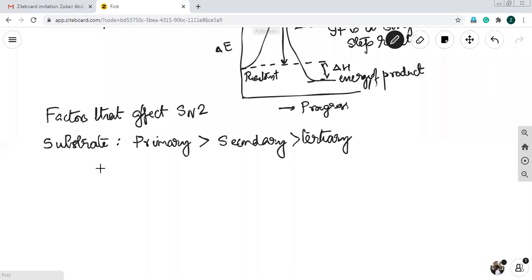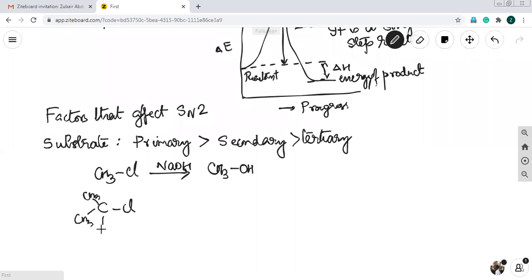That is, we have seen CH3Cl when reacted with sodium hydroxide, NaOH, you will get CH3OH. But if you are taking an alkyl halide which is tertiary butyl chloride, (CH3)3CCl, reacting with sodium hydroxide, you will get a very small amount of tertiary butanol.